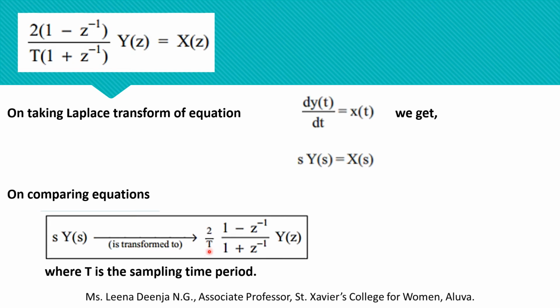Here T is the sampling time period. Hence, by bilinear transformation, in the S domain transfer function, if s is substituted by the term 2 by T, 1 minus z raised to minus 1 by 1 plus z raised to minus 1, the resulting transfer function will be the Z domain transfer function.